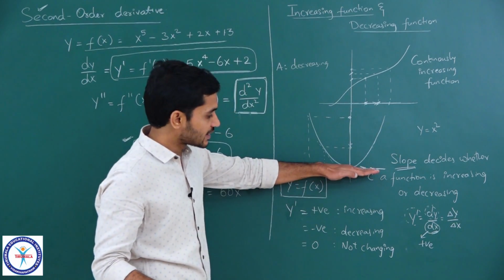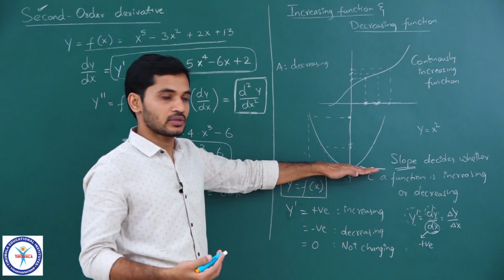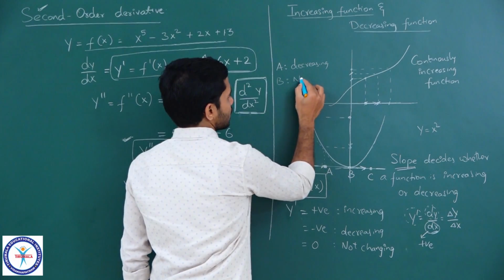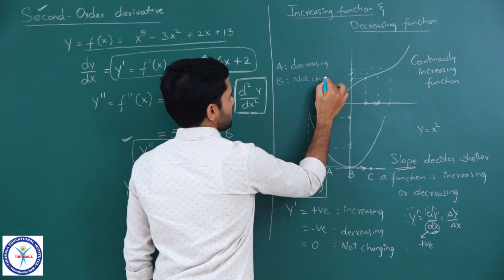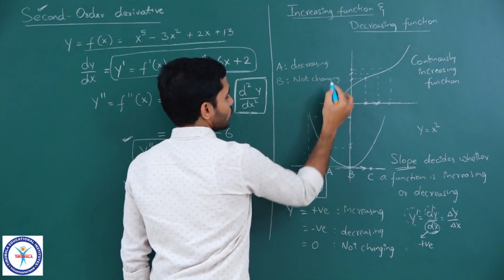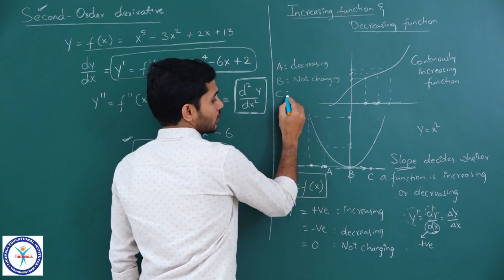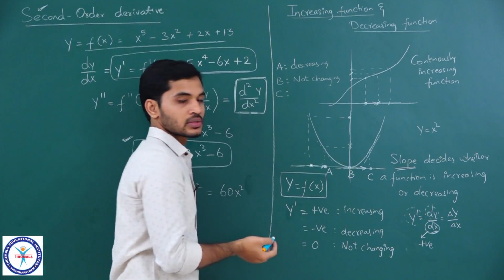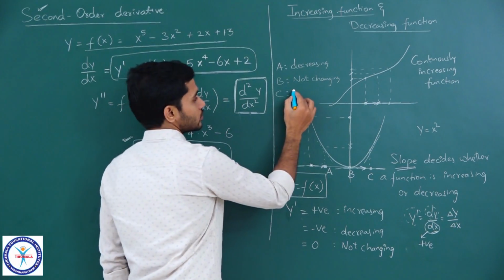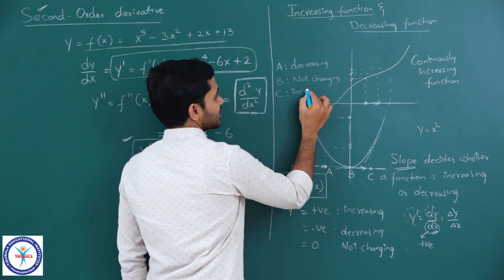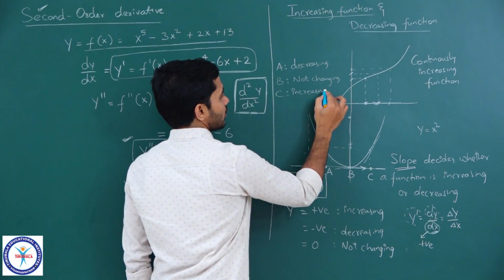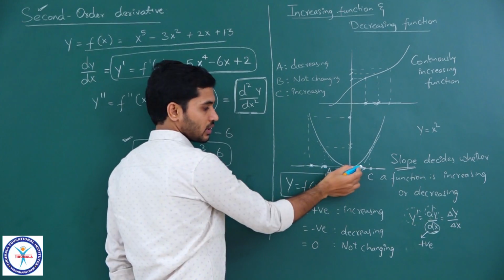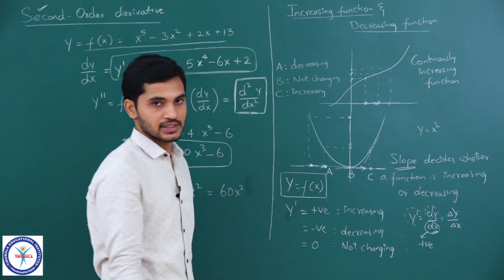If I draw a tangent at B, the slope is 0. So, at B it is not changing, and if you look at C, at this position the slope is positive. So, it is increasing. So, the y is equal to x square graph is decreasing at A, not changing at B, and increasing at C. Clear?